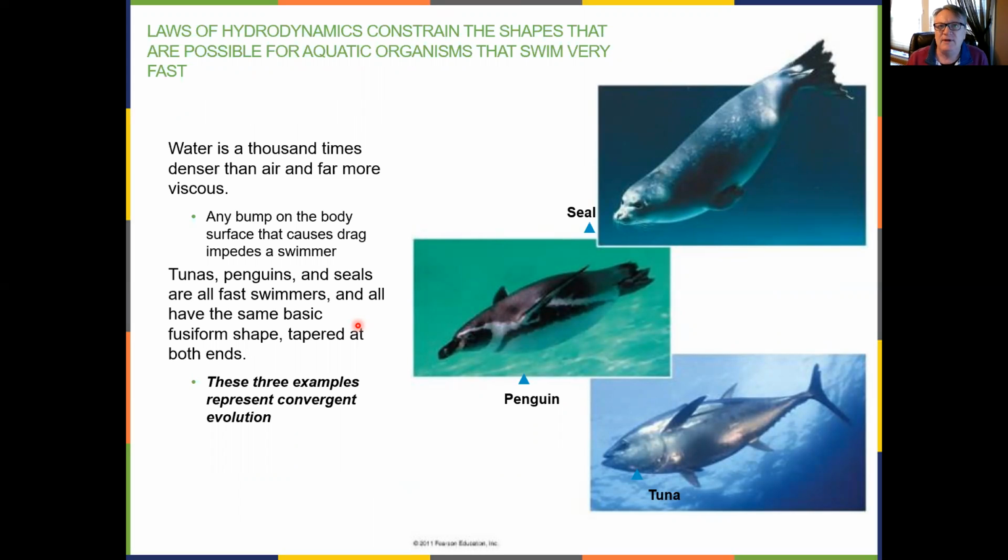And it's important to think about this in the context of evolution, because one of the things that is important in evolution is that sometimes we get what's called convergent evolution, which means that the animals have a similar appearance today, but there's actually not a common ancestor.